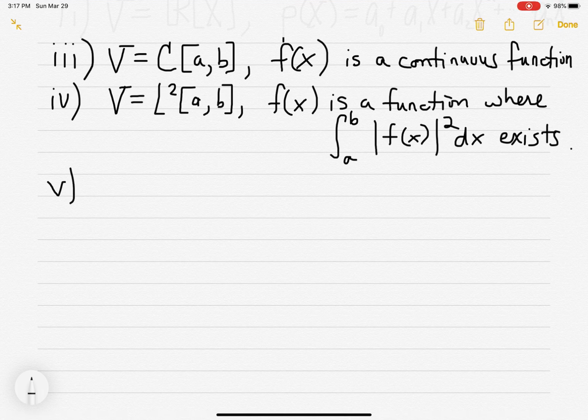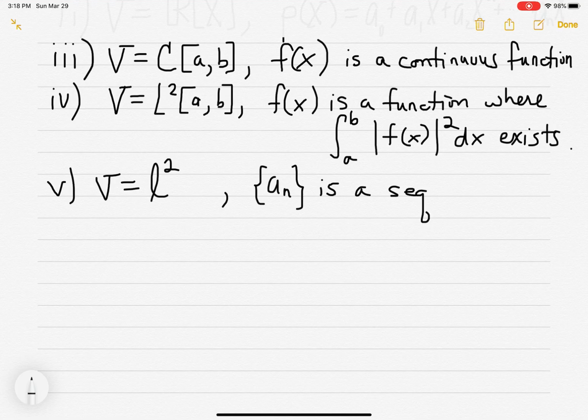V equals lowercase script l squared. These are called your square summable sequences. A typical example of this is going to be a sequence, a sub n, that's square summable.